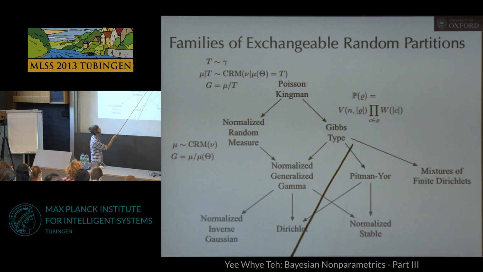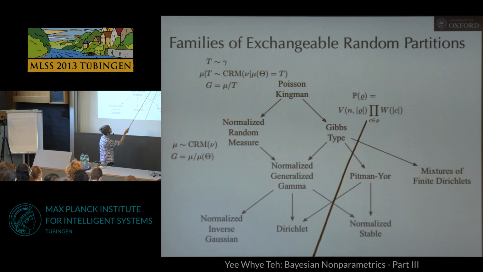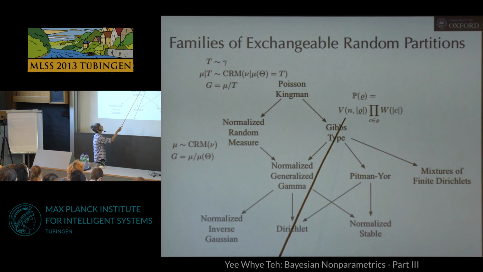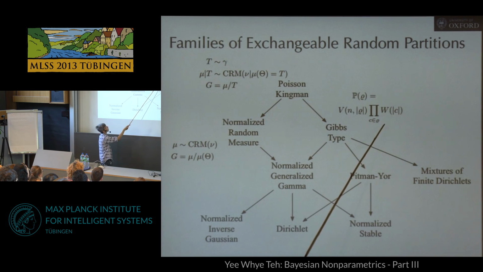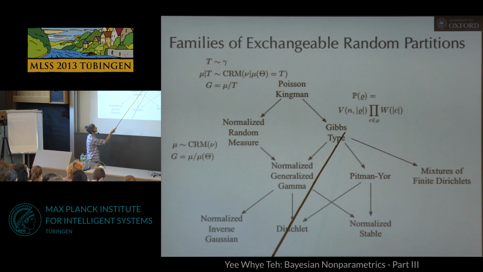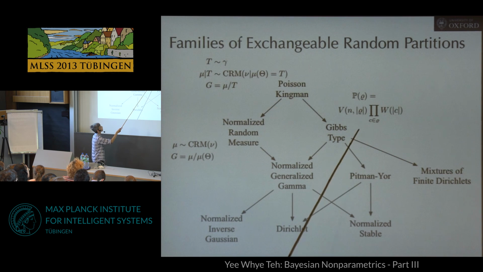In a Gibbs type, what you're saying is that you like to have an exchangeable random partition, but such that the probability of a partition is a function only of the number of clusters in that partition, the number of elements in that partition, and the sizes of each cluster. And the interactions are basically acting, in a sense, independently to produce the joint probability of that partition according to this formula here.